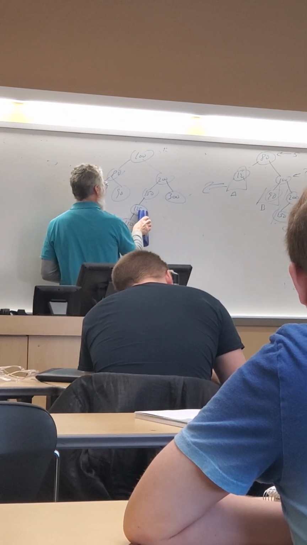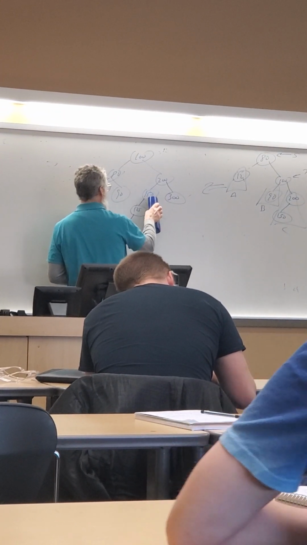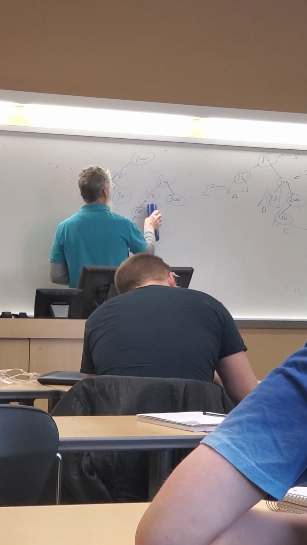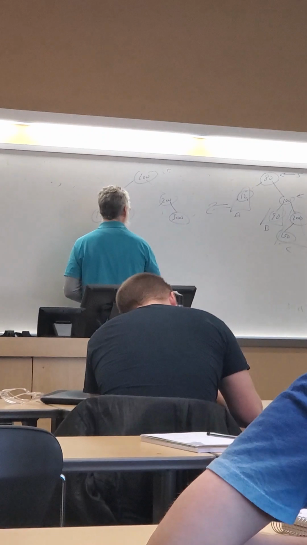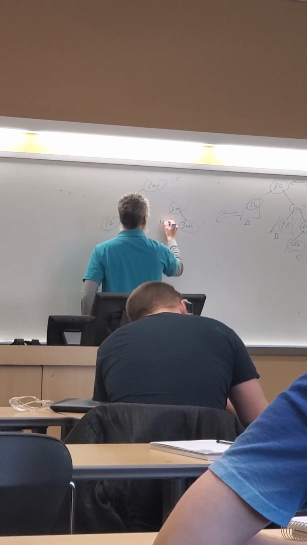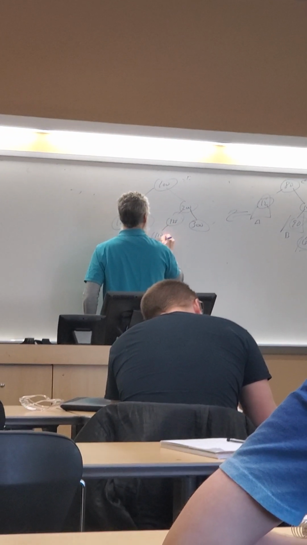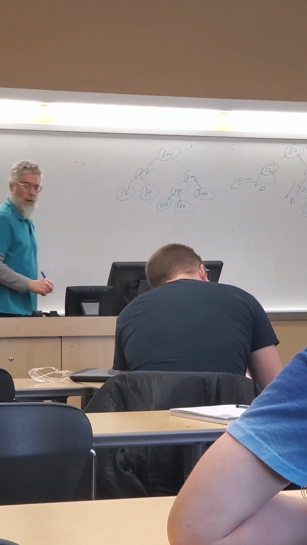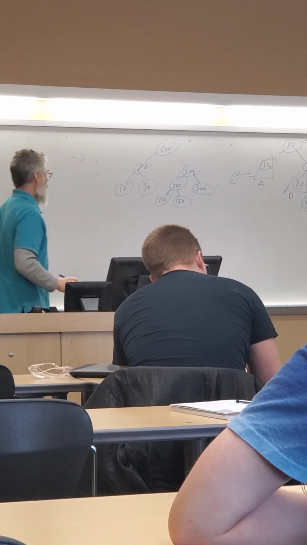So remember, 125 will become the root of this subtree. 110 will stay as its left child. Its right child becomes 150. Then I go ahead and remove 150.